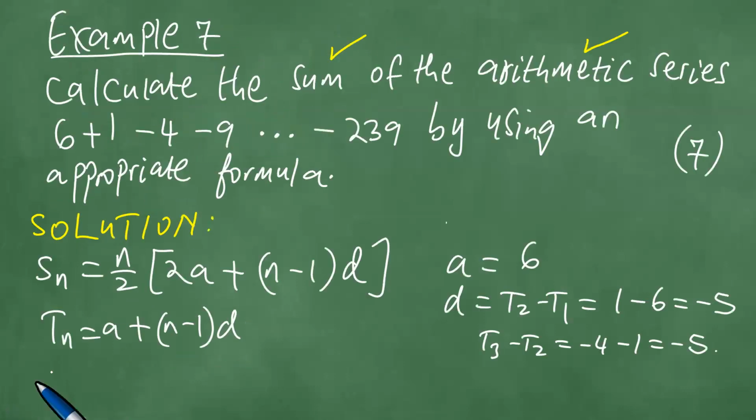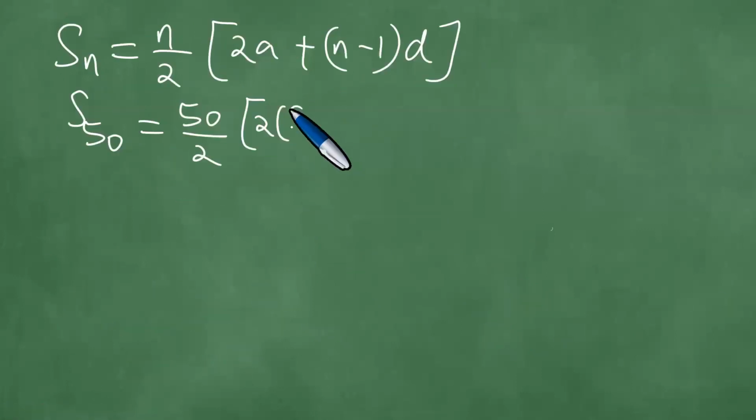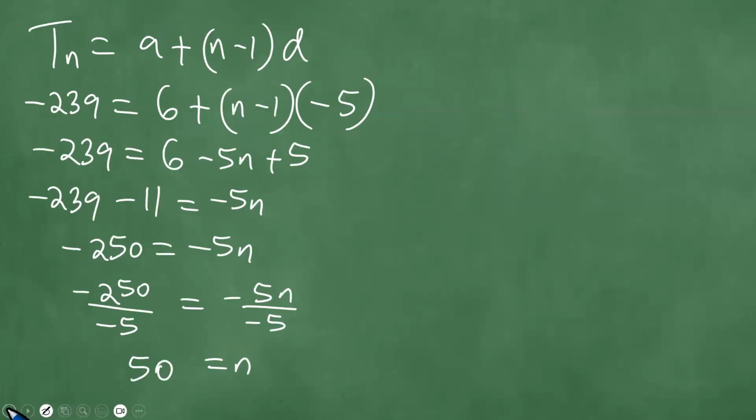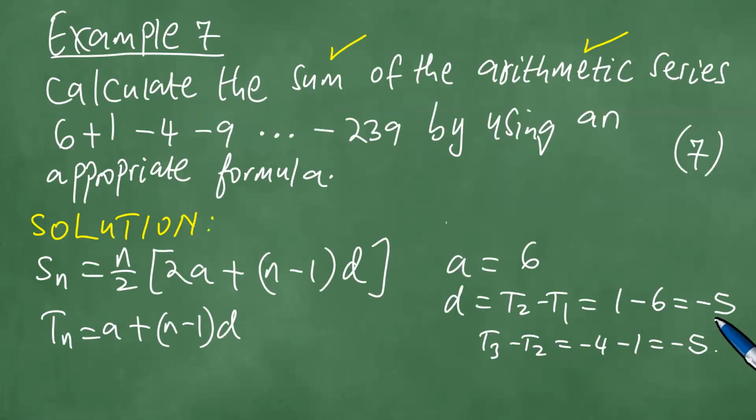What is the first term? 6. Which means it is 50 minus 1 times -5, the common difference. Did you get it to be -5? Let's check, just in case you forgot. Yes, we got it to be -5.